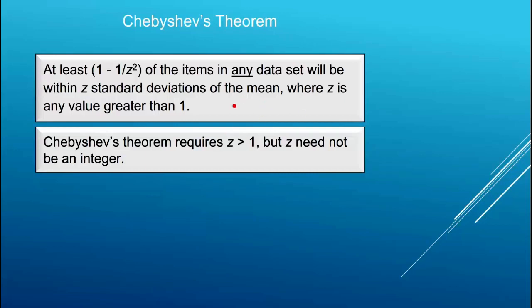So we can only use z-scores in the formula that are greater than 1. And note that basically what this tells us is the minimum percentage that need to be within z standard deviations of the mean. The actual number of observations within z standard deviations of the mean could be larger than the value that we calculate with Chebyshev's theorem. Z also need not be an integer.